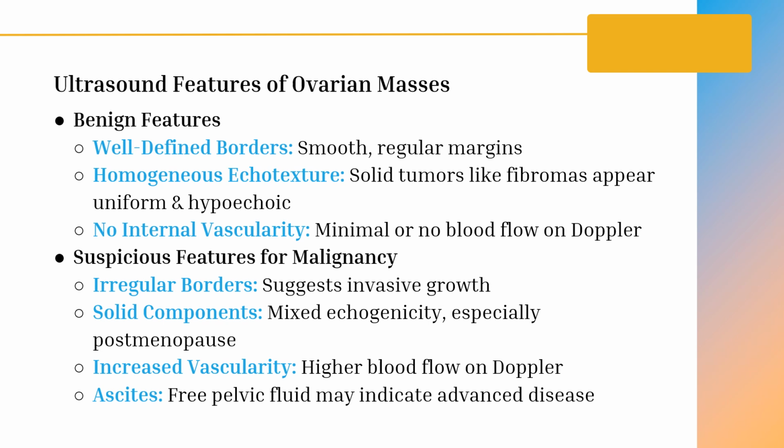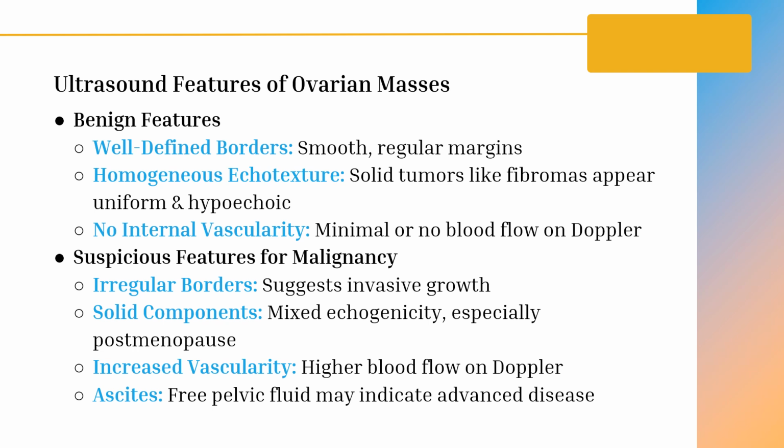If it's more benign, you're going to have well-defined borders, smooth, regular margins, and homogeneous echo texture. You're going to have more solid tumors like fibromas that appear uniform and may even be hypoechoic. You're going to have no internal vascularity, with minimal or no blood flow on Doppler inside of that ovarian mass.